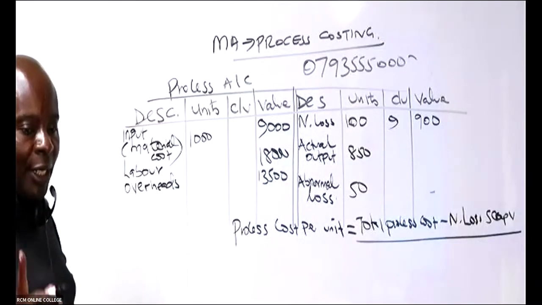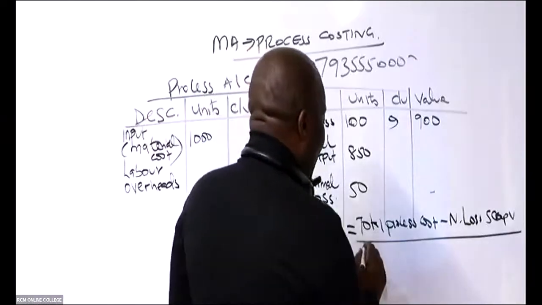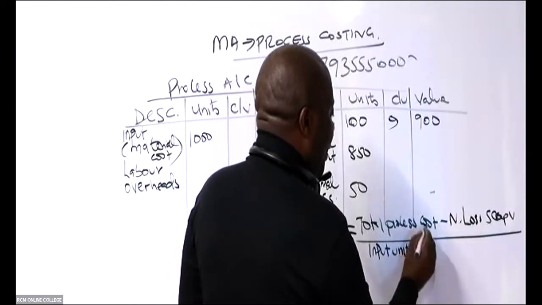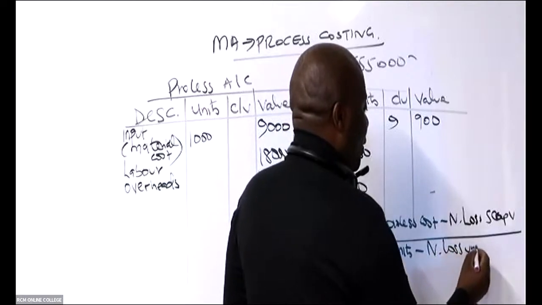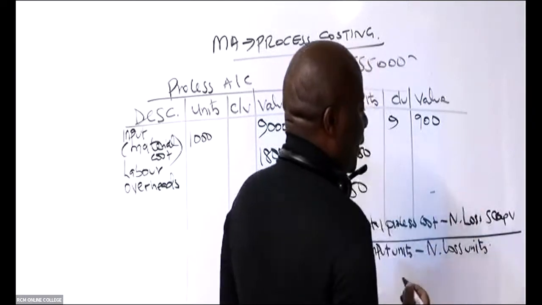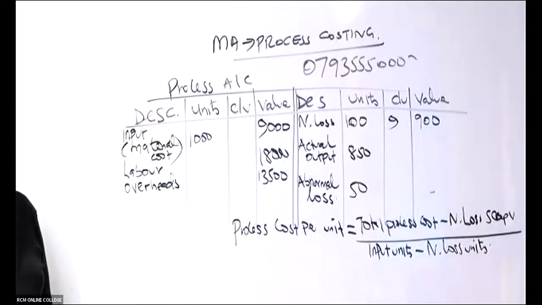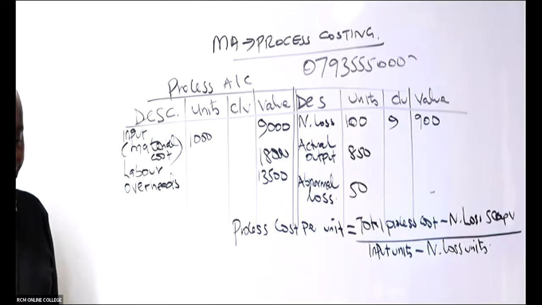I'm bringing in something new because now we are becoming professionals. As we get along with this, divided by input units minus normal loss units. This is the formula we shall be using consistently, especially now that we are going to what we call work in progress.